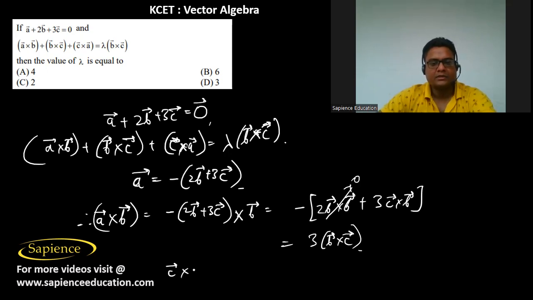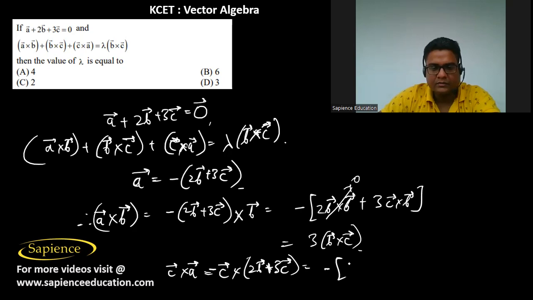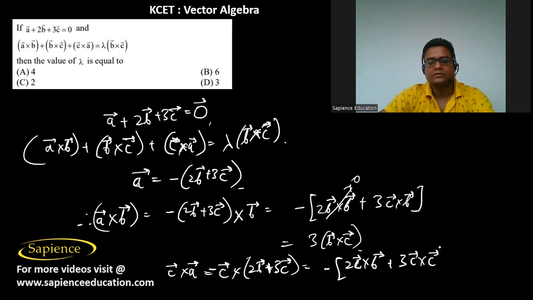Similarly, c cross a will be equal to c cross minus of 2b plus 3c. This will be minus of 2 into c cross b minus 3 into c cross c. So c cross c will be 0, and minus of c cross b is b cross c. So this is 2 into b cross c.